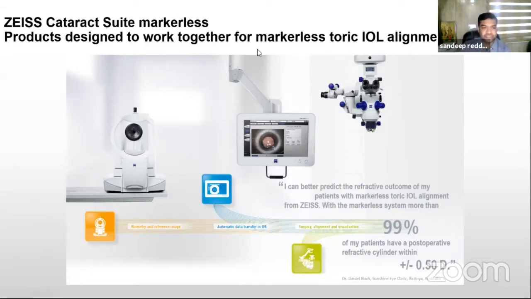The IOL Master 700, the Callisto and the Lumera family of microscopes can be integrated into a single system, called the Zeiss Cataract Suite, through which the data from the IOL Master 700 can easily be transferred to the microscope on your surgical table.